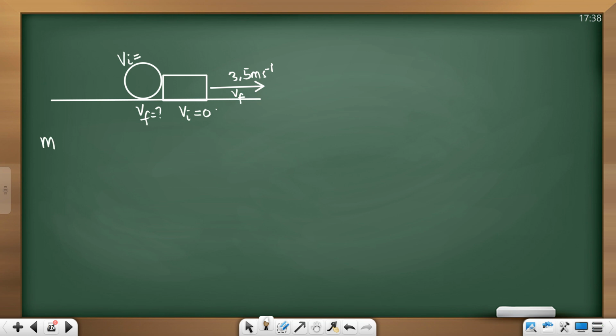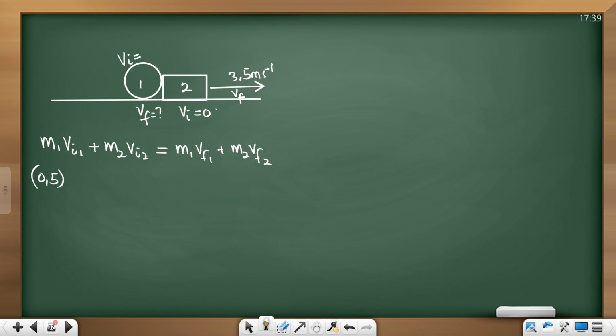Oh, wait, hold on. m1 vi1 plus m2 vi2 equals m1 vf1 plus m2 vf2, object 1 and object 2. Do we know the mass of object 1? Yes, 0,5. Don't write yet.